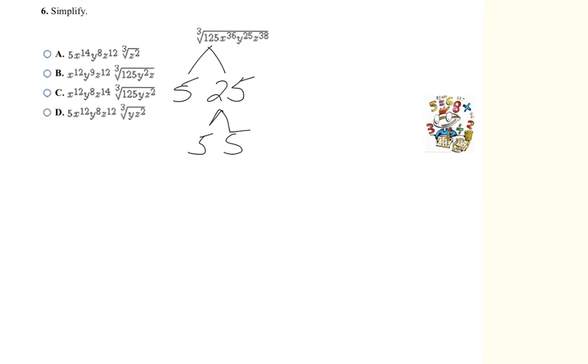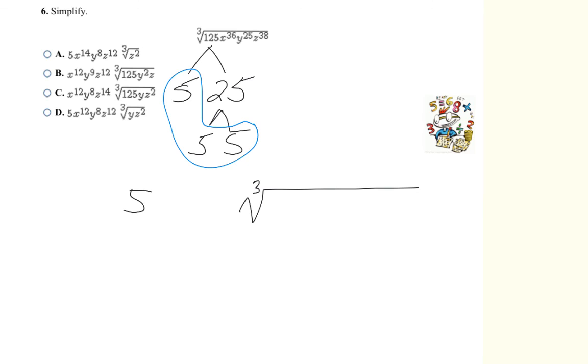So there, I have a group of 3 in my prime factorization of 125, which means I can move a 5 outside of the cube root. And I don't have any numbers not circled, so I don't have anything to place underneath the cube root.